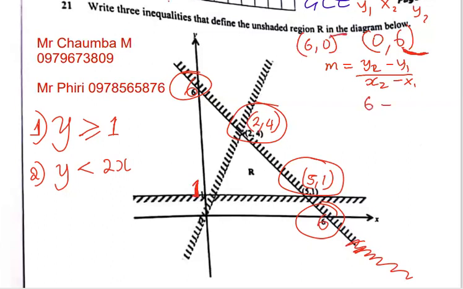Our x2 is the 0 here, minus our x1, which is 6. So we have 6 over 0 minus 6, which is 6 over negative 6. So our gradient will be equal to negative 1.